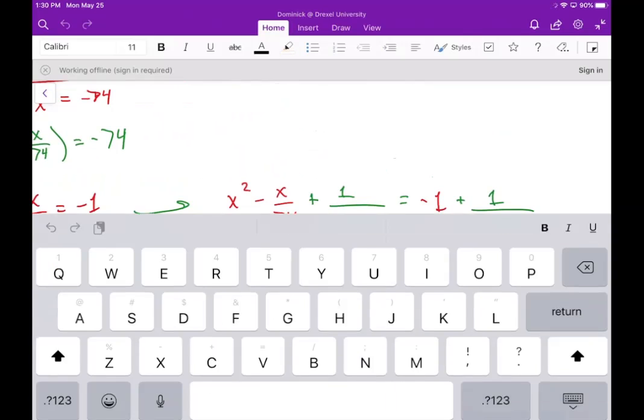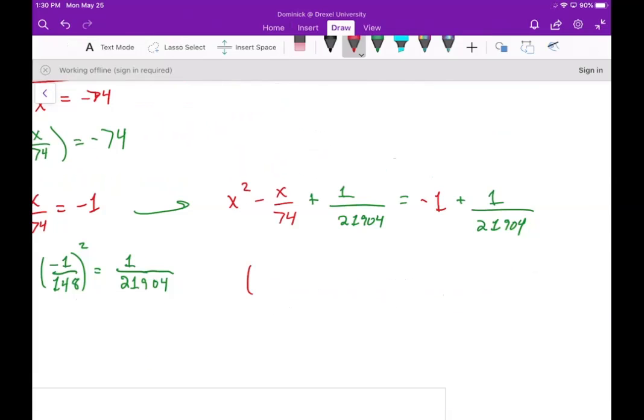We can factor this as x minus 1 over 148 squared. And then if I add this negative 1 and the 1 over 21904, I'm really doing negative 21904 plus 1. So I'm going to get a negative 21903 over 21904.